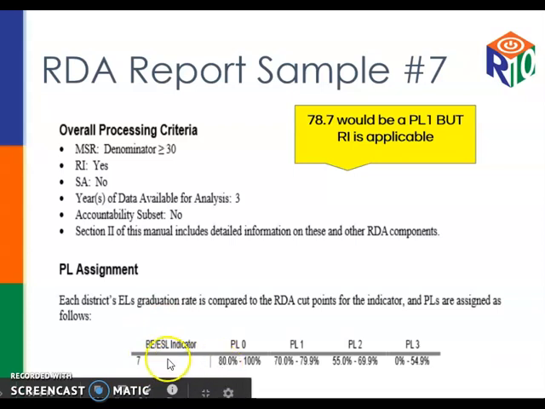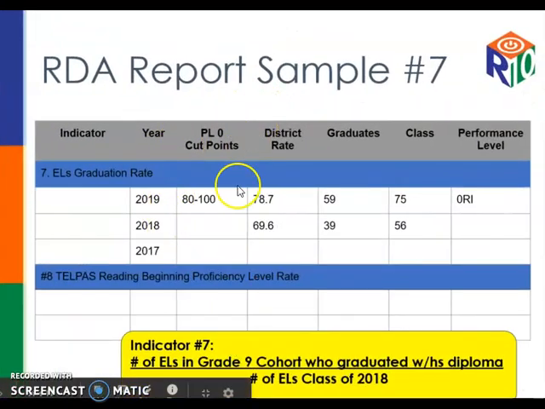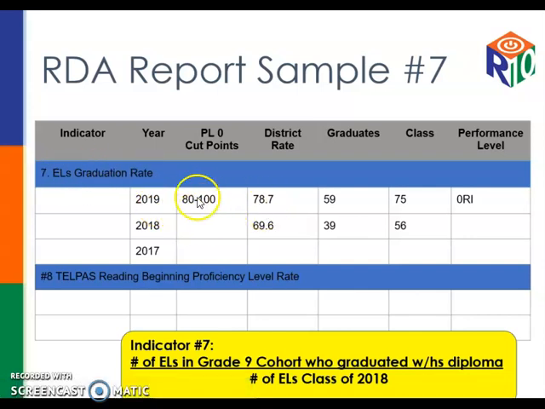And here you go with indicator number 7, and here are the cut points for graduation. So now we're going to look at this example. EL's graduation rate. You have the year, the cut points, the district rate, the number of graduates, and then the total number in the class in regard to ELs. And you have a performance level of 0 RI.